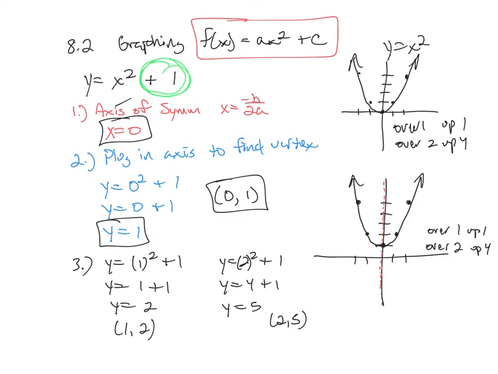So x squared is always going to be over 1, up 1, over 2, up 4. If I put a 2 in front of it, it's going to multiply the up part times 2. If I put a 3 in front of it, it's going to multiply the up part times 3. If I put a 1/3, it's going to be divide by 3. If I put 1/2, it's going to be divide by 2.